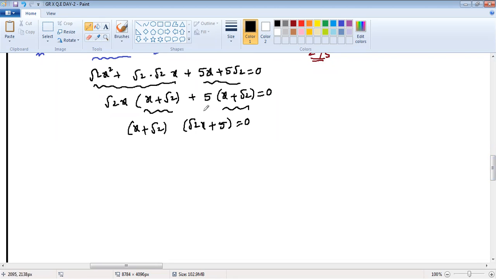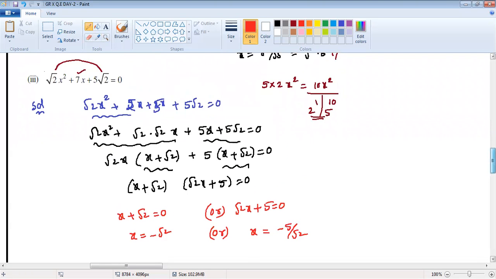So either x plus root 2 is equal to 0, or root 2 x plus 5 is equal to 0. Then x equals minus root 2, or x equals minus 5 by root 2. Have you got it? Sir, mine is correct. Okay, next.